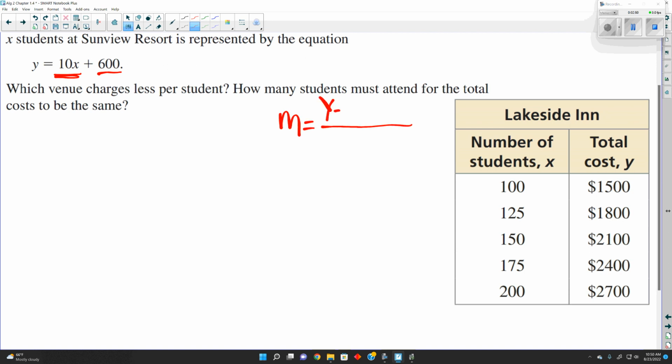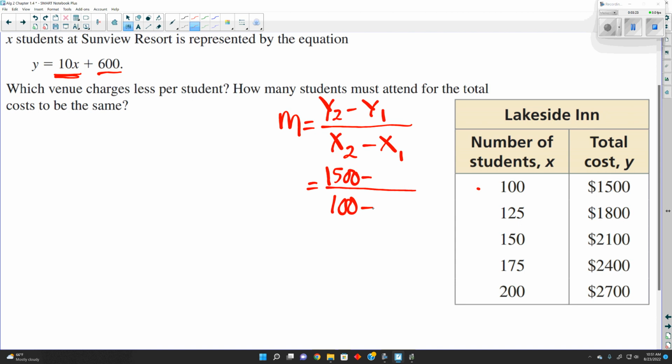This is y2 minus y1 over x2 minus x1. So we need to pick two of the points. What's one we can use? The first one, 100 and 1500? Yeah, we can use that. So the x value is 100 and the y value is 1500.